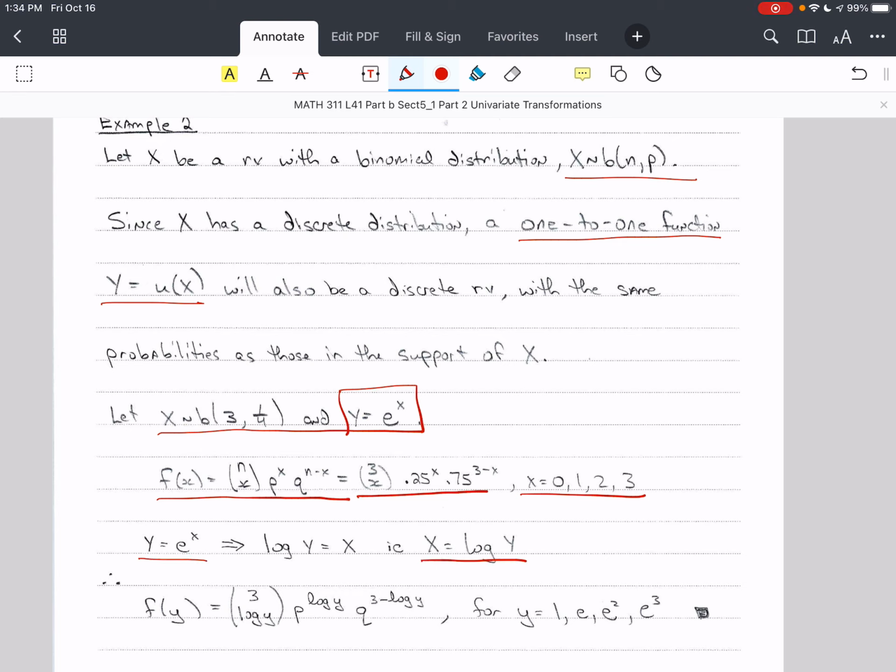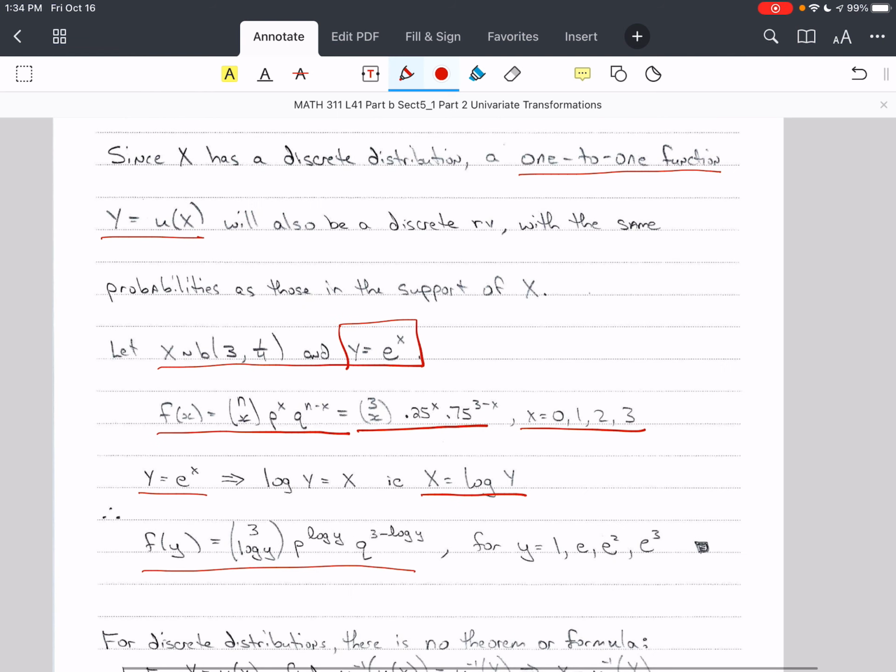So x equals a function of y, the inverse function, which was e to the x. The inverse of that is a log. And log is always base e in statistics unless it's otherwise notated. And then we simply plugged in to the PMF of x, substituting in for that inverse function of y. And then we had to make sure that we found the individual values in the support of y.